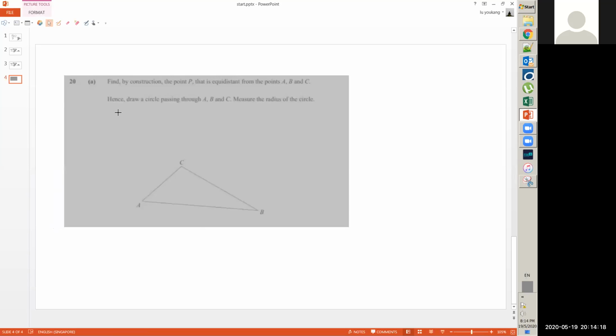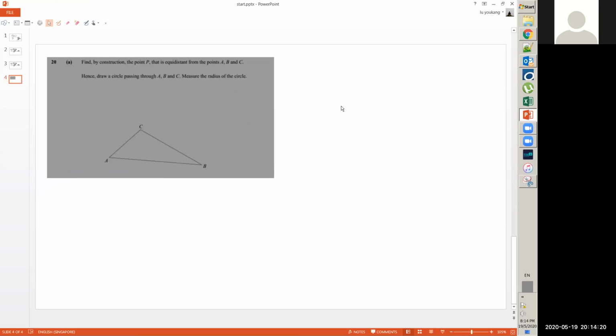So first thing first, before you can do this question, over here it says by construction. What it means is that you are supposed to use a compass, and you are also supposed to use a protractor.